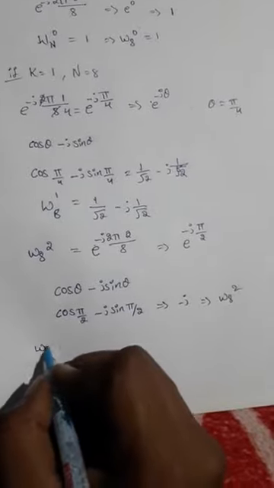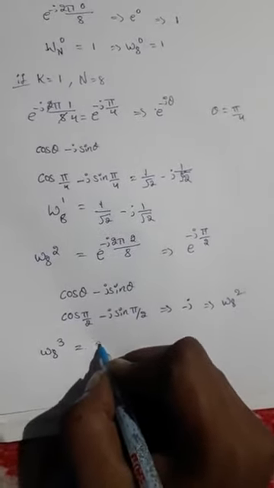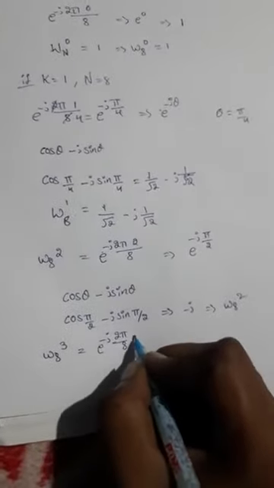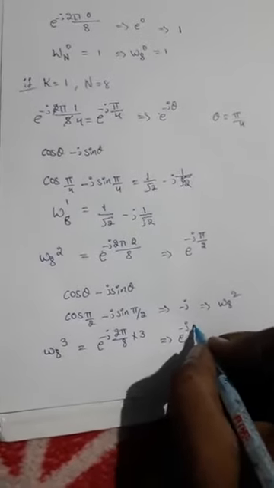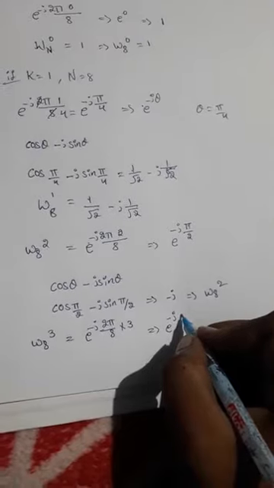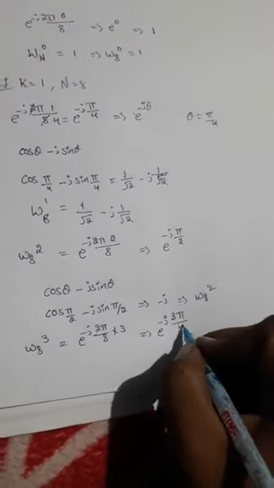Similarly, W8 to the power of 3 is e to the power of minus j 2 pi by 8 into 3. That is e to the power of minus j 3 pi by 4.